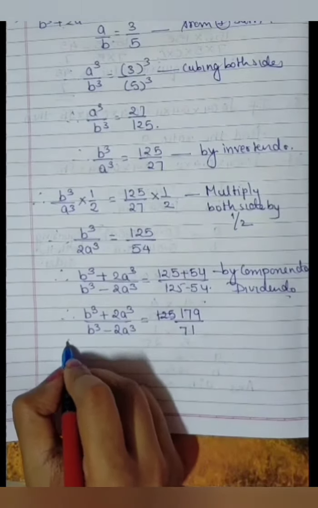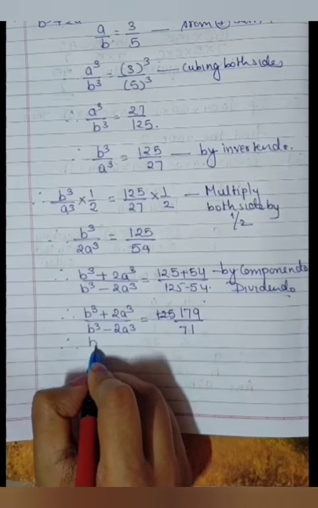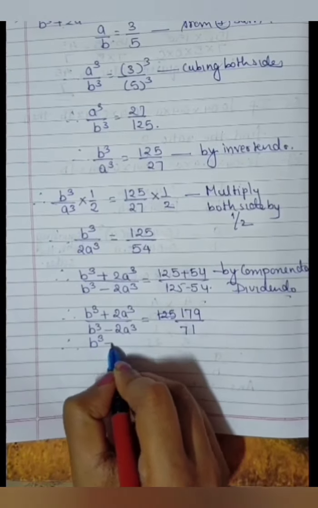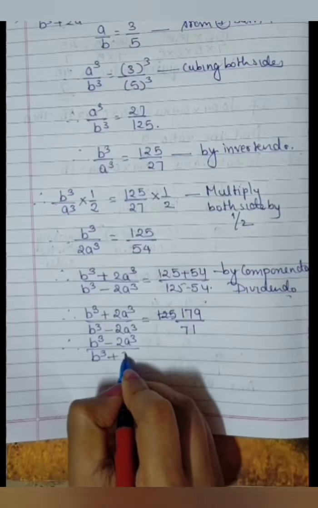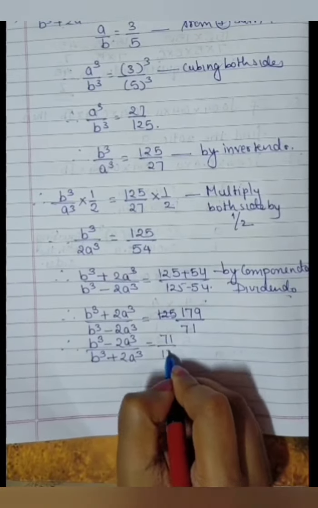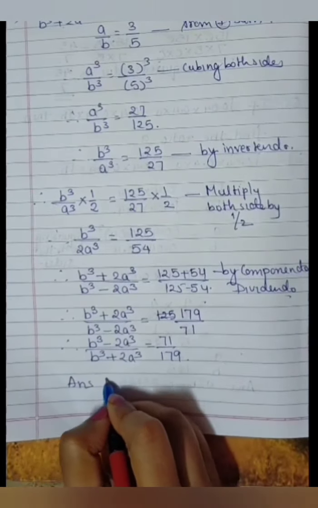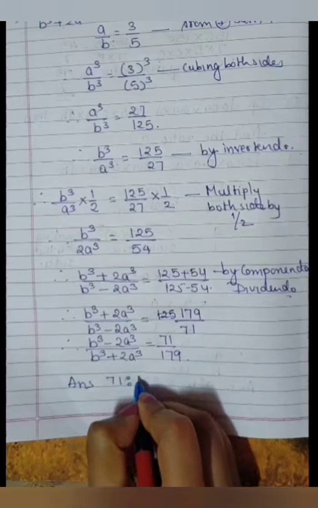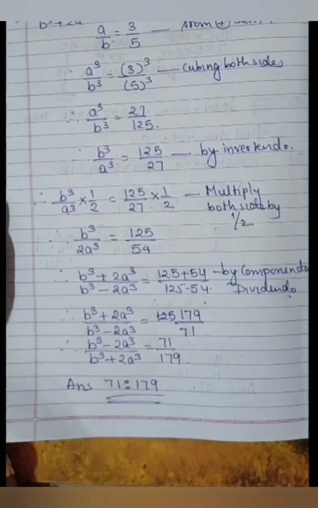Now here again we are going to use invertendo. So we will write (b³ - 2a³) upon (b³ + 2a³) equal to 71 upon 179. Okay. So our answer is what? 71 is to 179. This is the answer of sum number 4.